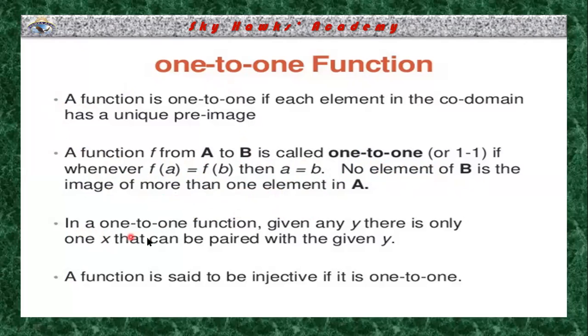In a one-to-one function, given any y, there is only one x that can be paired with the given y. A function is said to be injective if it's one-to-one. Yes, so the other name is injective.